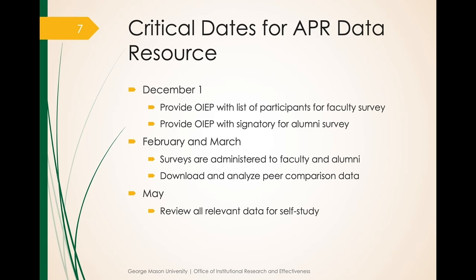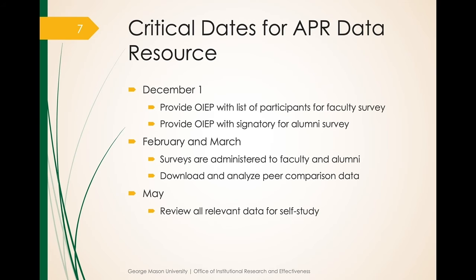Some programs prefer to survey all their faculty, full-time and part-time, while others choose to only survey their full-time, tenure, or tenure-track faculty. Additionally, by September 1st, you should also contact me with the information of the person within your program willing to serve as the signatory on the alumni survey invitation our office will administer. Typically, the signatory is a department chair or program director.